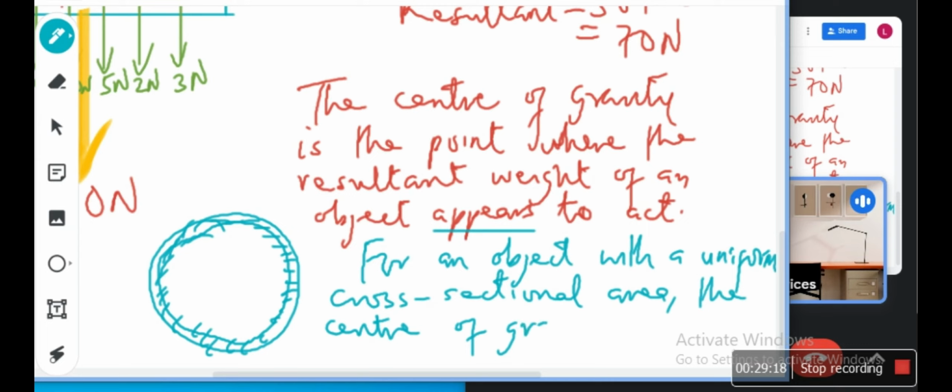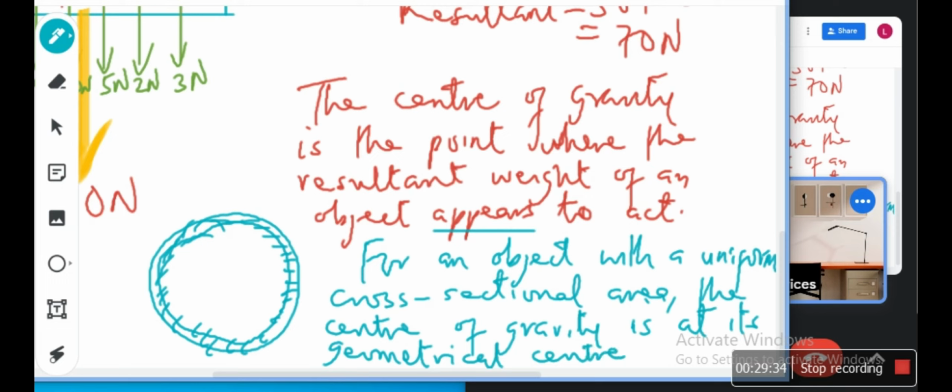Can you read what I just wrote in blue? For an object with a uniform cross-sectional area, the center of gravity is at its geometrical center.